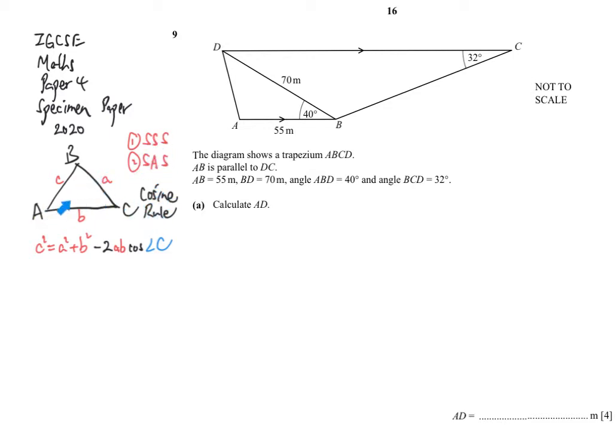For example, triangle ABC here. Let the side opposite angle A be small a, similarly this is small b, and this is small c.